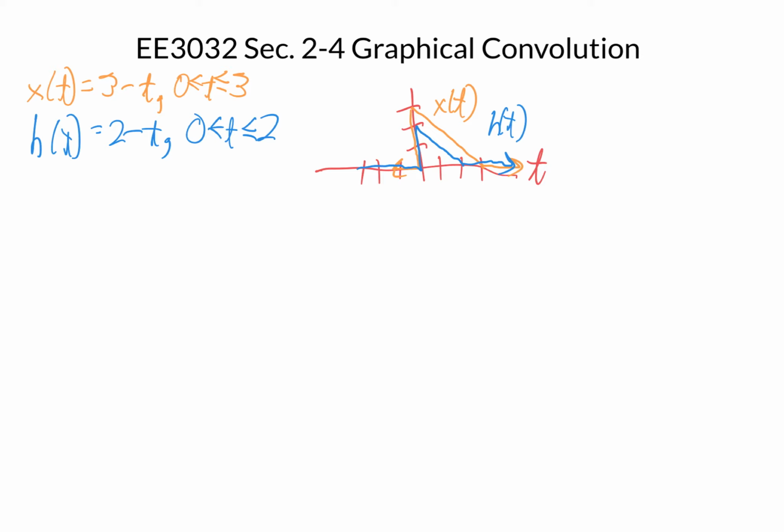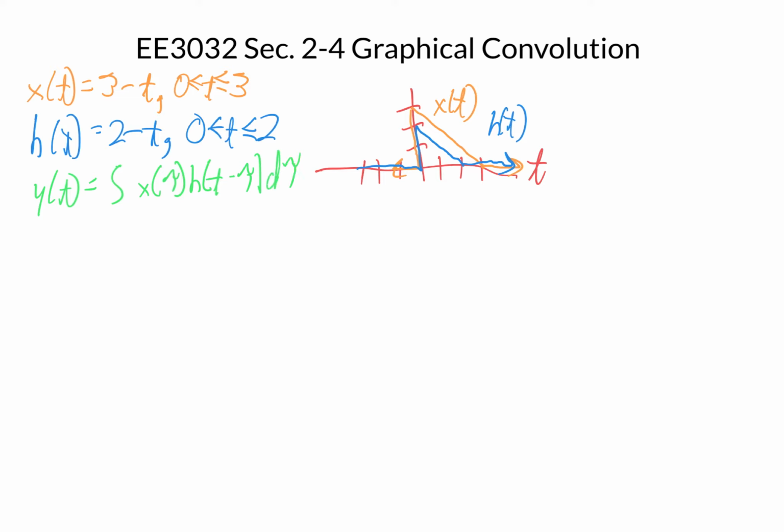And we can use convolution to determine the output y of t. From our previous lecture, you do the integral of x of the delay variable tau and h mirrored about the new time axis of integration and shifted to the right by t, the independent variable. You do this integral d tau.